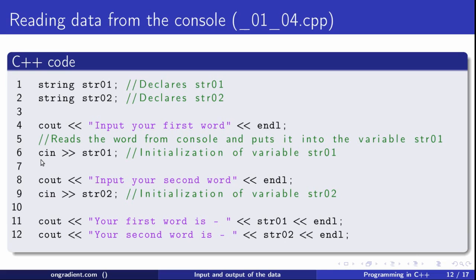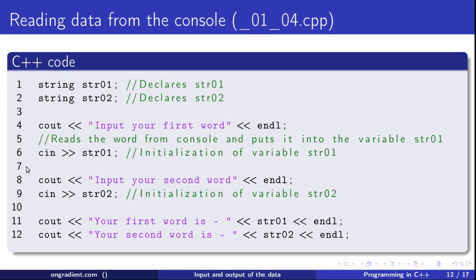Pay attention to line 6. Cin is the console input stream, the stream from which we read information. It contains information that was written in the console. The extraction operator, the greater-than symbol, takes data from the stream Cin and saves it in the variable str01.